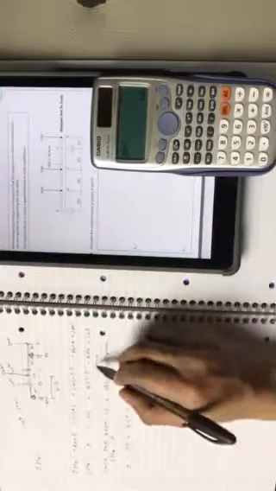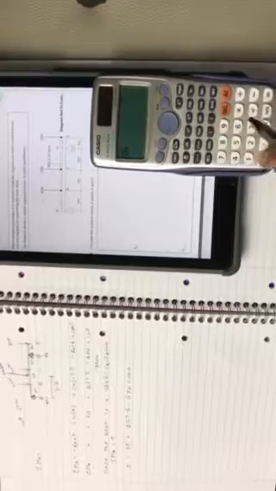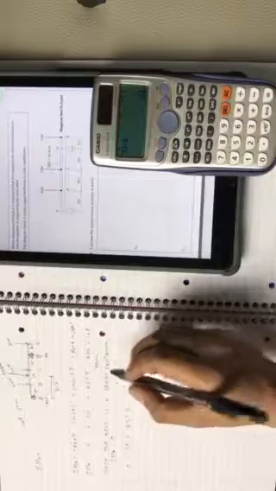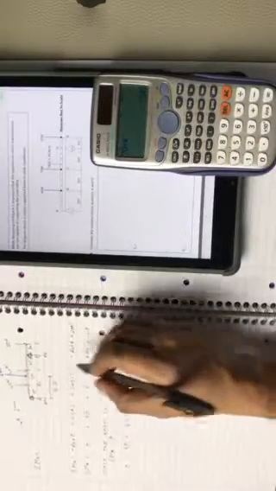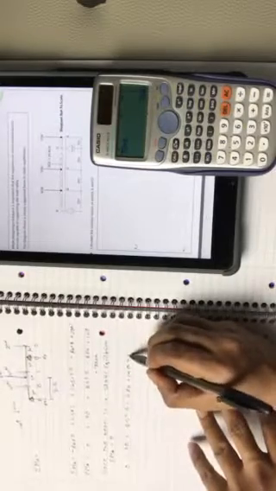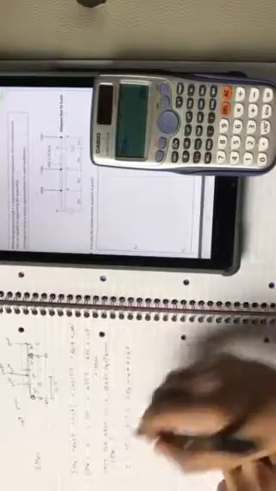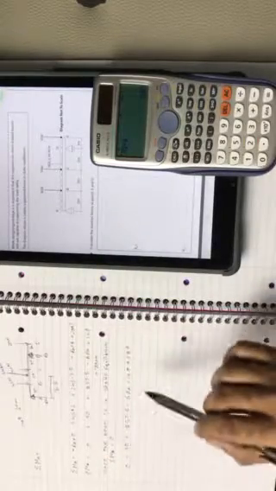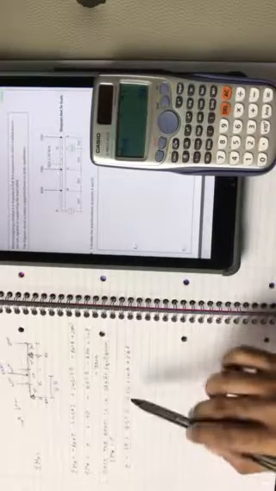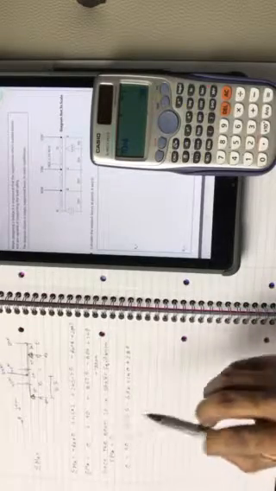Now 70 times 4 is 280. That's going to be plus 280 because 70 is going downwards, plus 280 is on the same side of the equal to sign. Now what you see here is you have constant numbers and one unknown, and hence I can use this equation to find the value of RD.